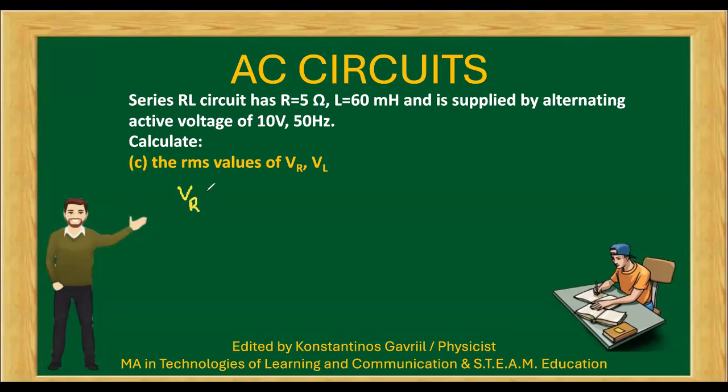According to Ohm's law again, we use I times R, which is IRMS times R. The IRMS was found to be 0.5, and here I have 5. So it is 2.5 volts. The RMS value for the voltage on the resistor.